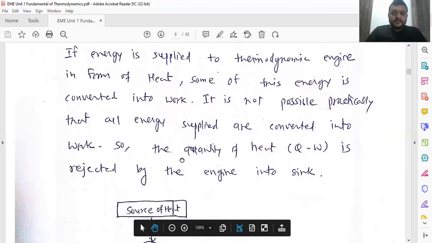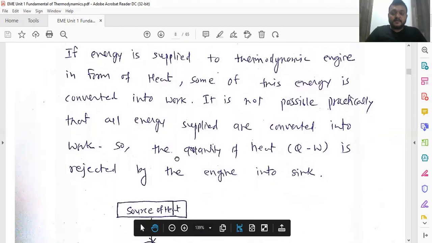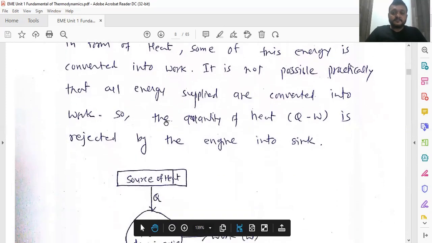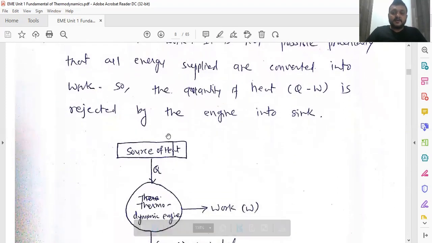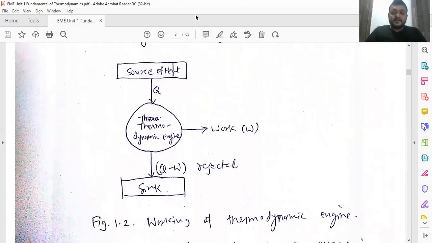Just see, the energy is supplied to the thermodynamic engine in the form of heat. Some of this energy is converted into work. Here you have to see this figure. The central portion, this rounded shape, is called the thermodynamic engine.